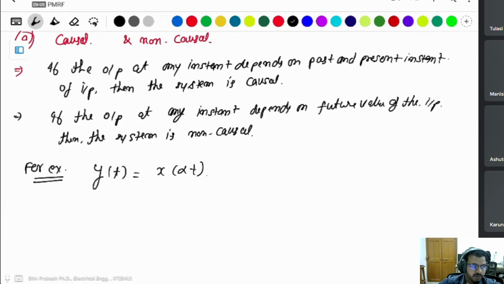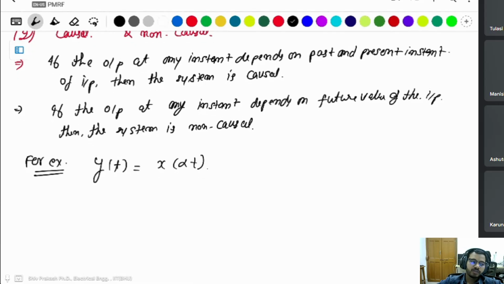I have taken a simple example; at different values of alpha, we find whether the system is causal or non-causal.